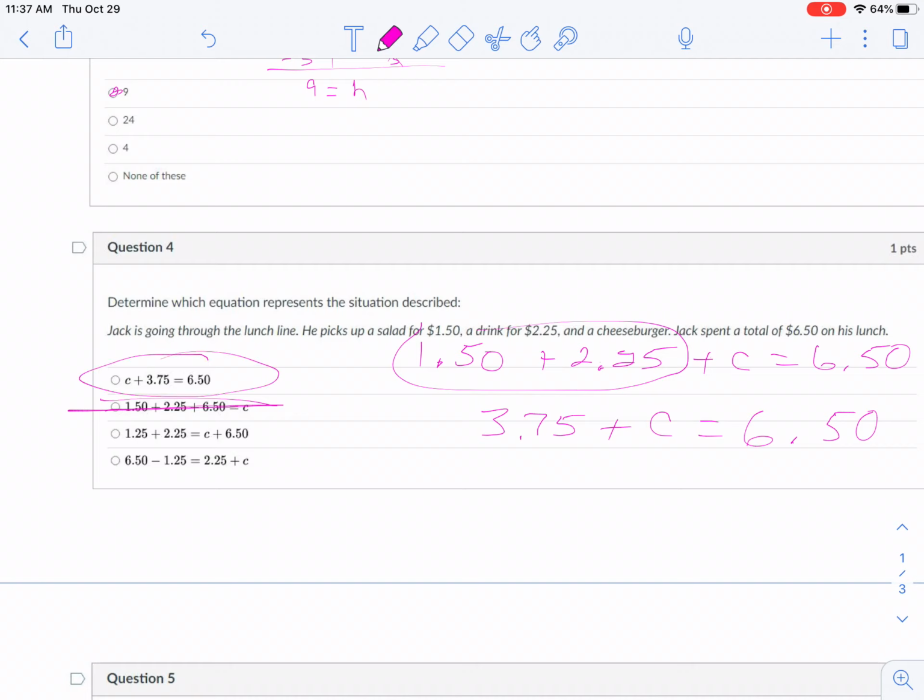And then this one won't work because the total is $6.50. So if we add C to it, that would be too much. And then there's not $1.25, so that's not even an option. So the answer is A.